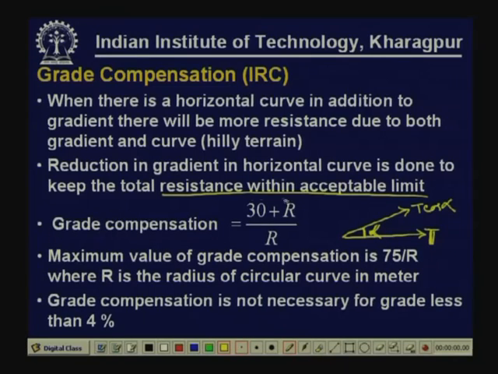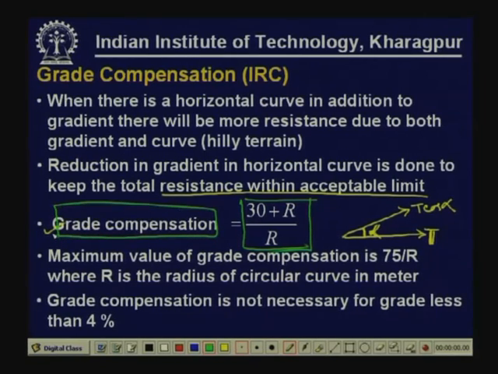IRC suggests this basis for grade compensation. Grade compensation is basically (30 + R) by R, where R is the radius of the curve. That amount of grade compensation may be applied.